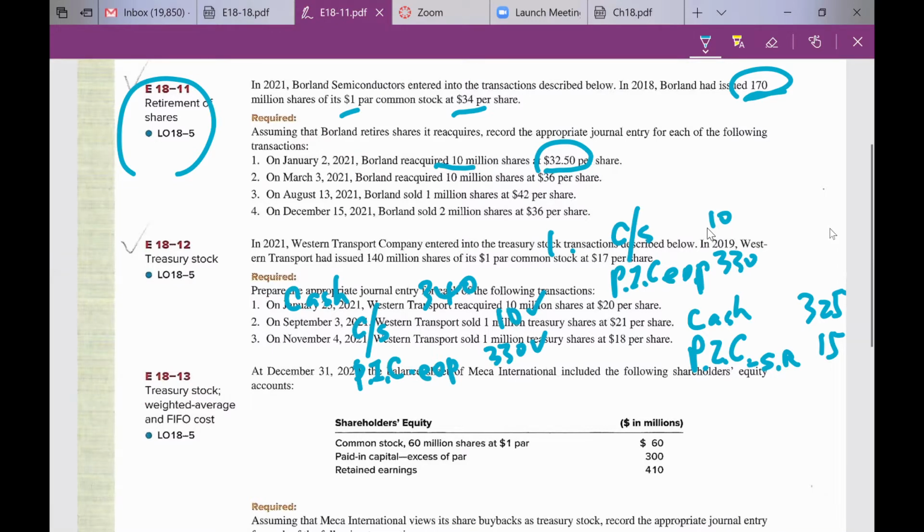You guys okay with this journal, right? Okay, so then you can work on the second question. I'll give you a little more time to work on the second and number 3, number 4.